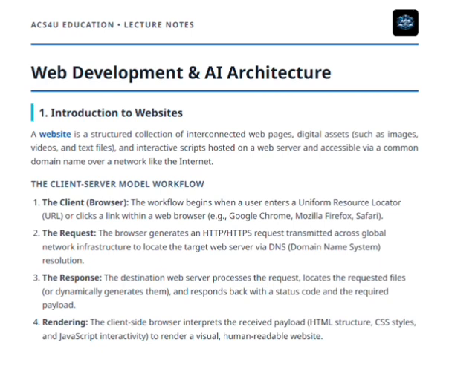The workflow begins when a user enters a uniform resource locator, URL, or clicks a link within a web browser. For example, Google Chrome, Mozilla Firefox, Safari. Google Chrome and Mozilla Firefox are often used, but Safari is mostly used by iOS users, which means MacBook users or persons who have the Mac operating system.